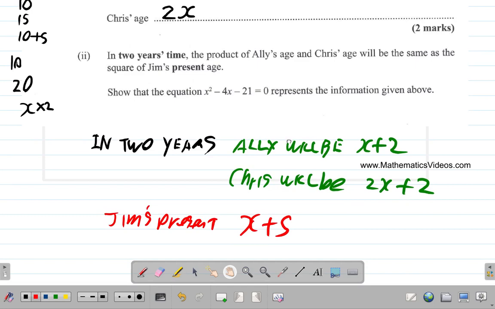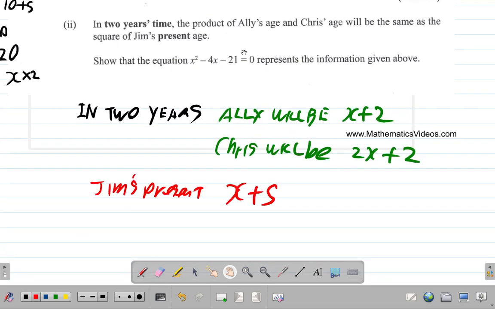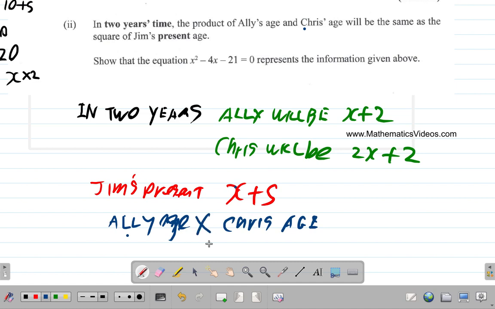Now, what do they say? In 2 years' time, the product of Ali's age and Chris' age. Alright, you have Ali's age and Chris' age. And they say the product. What does product mean? You're going to multiply one by the next. Equal.